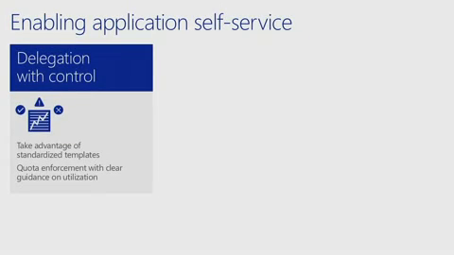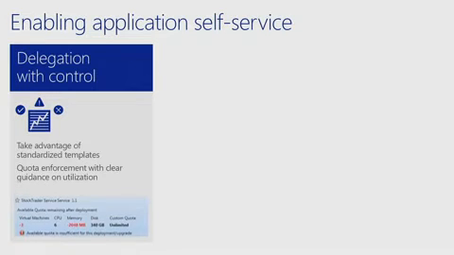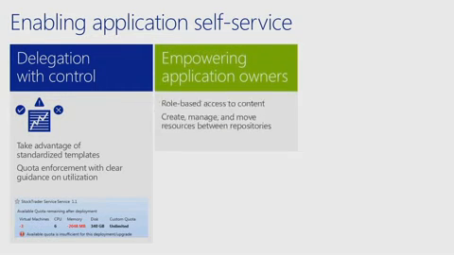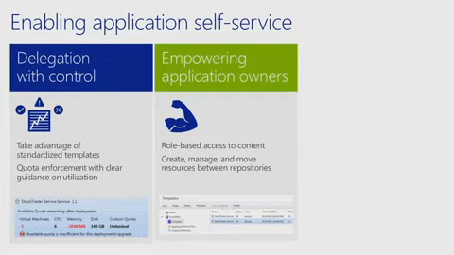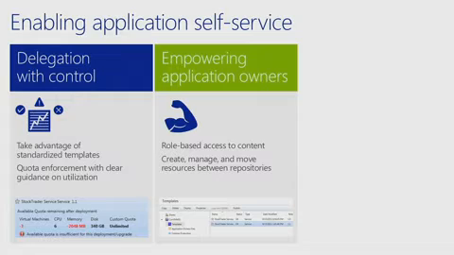So what have we talked about? We've talked about advantage in standardized templates, how we can deliver quota and manage that whole process, empowering those application owners, creating, managing clouds, allowing them to move, as well as moving workloads around. We allow them to move resources between repositories. So Symon gave the example of different geographies and having libraries per geography.